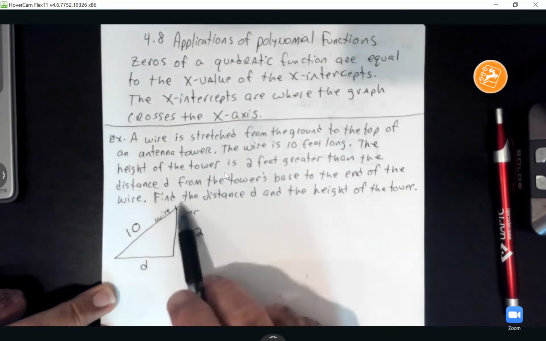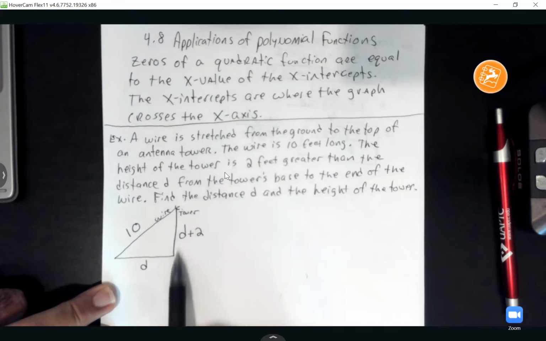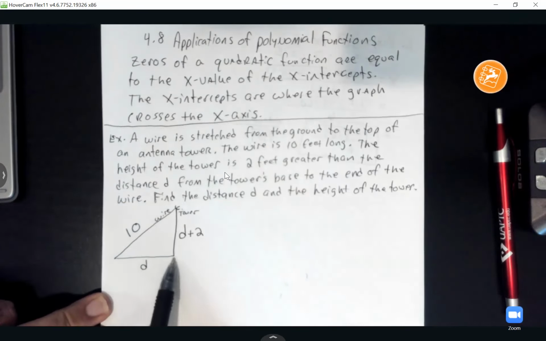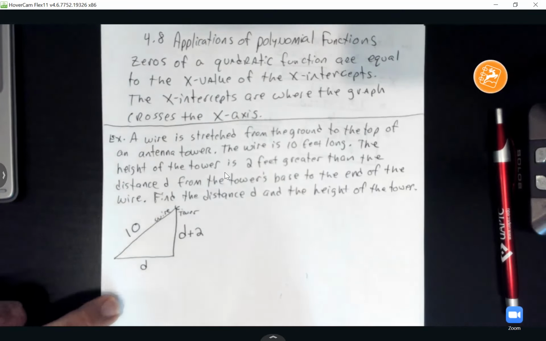So the wire is 10 feet, and the distance D was the distance from the base of the tower to the end of the wire.